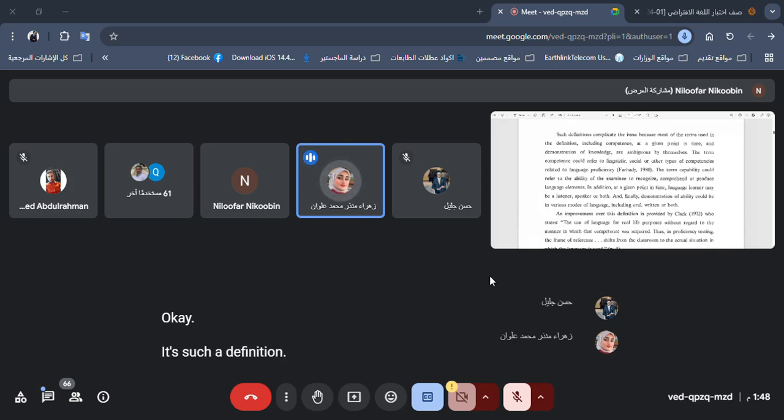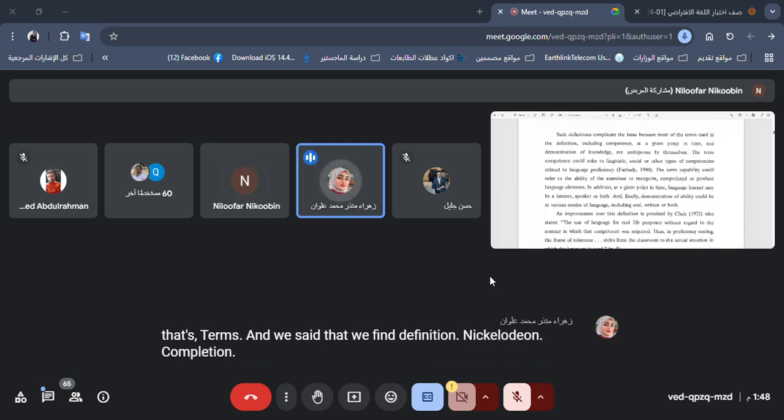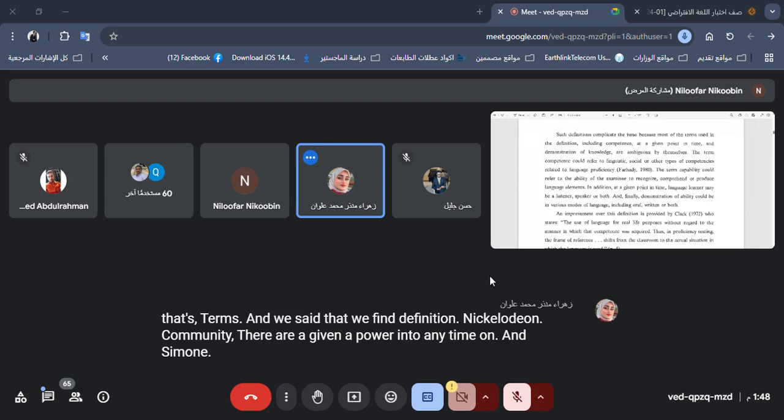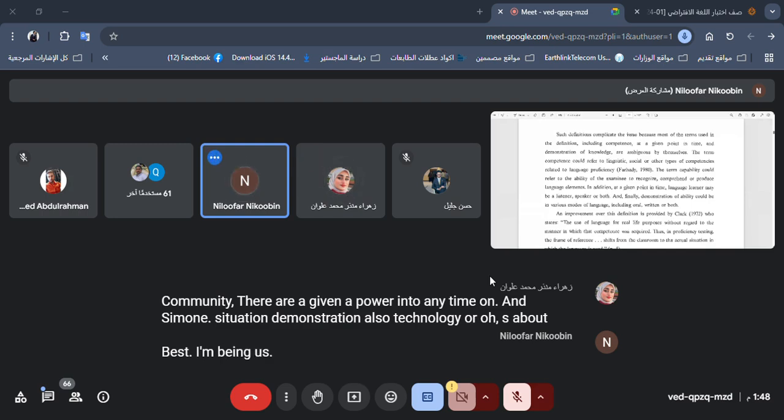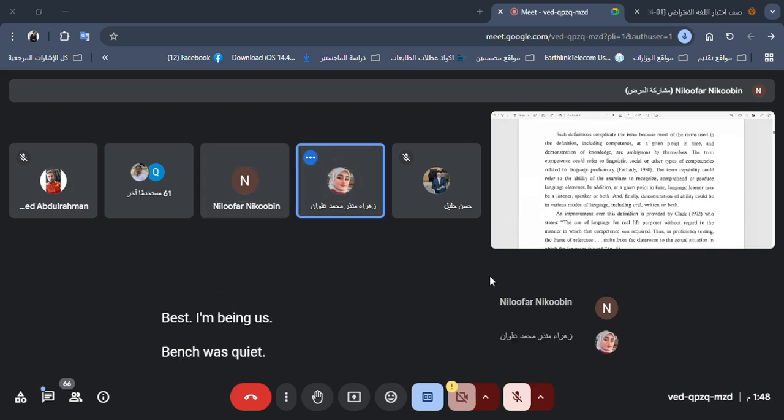Such definitions complicate the issue. Most of the terms used in the definition, including competence, competence as a given point in time, and demonstration of technology, are ambiguous by themselves.